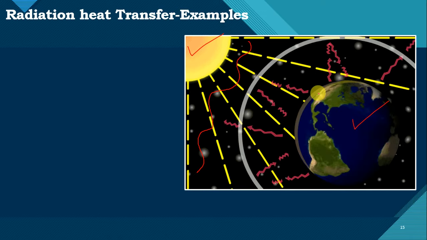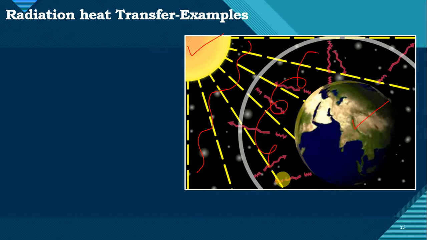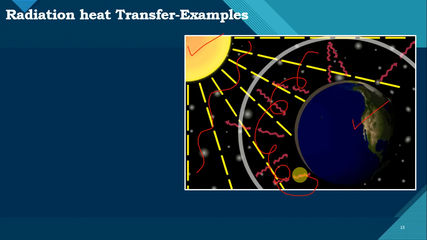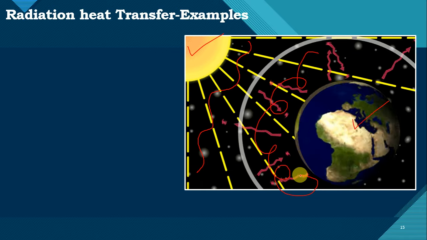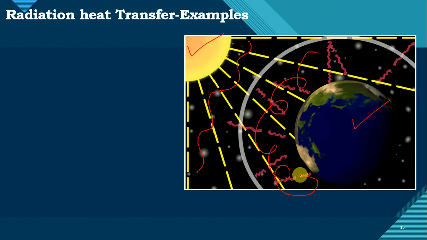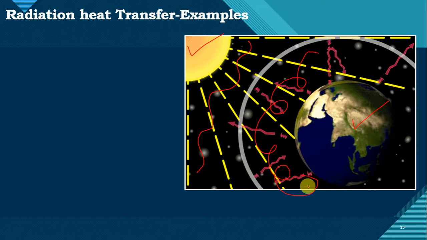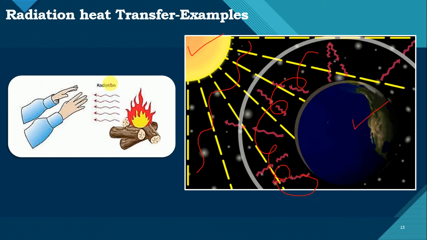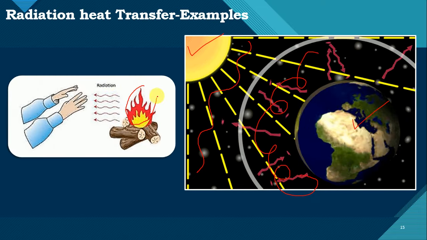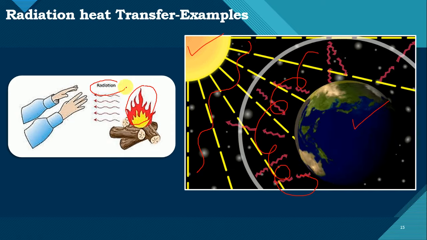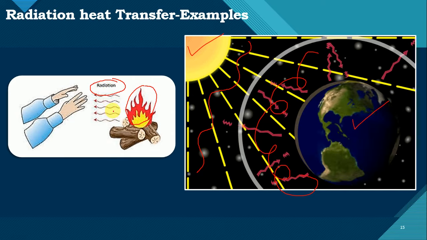Whereas in this particular zone, the heat transfer may be convection and some other mode may be present, but when there is a pure vacuum, the heat transfer is only by radiation. Another example: if you are taking heat from a heat source, that's by radiation. These are electromagnetic waves, the arrows shown there.